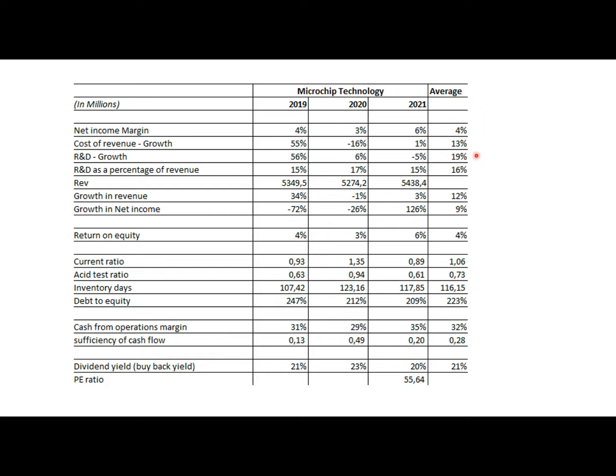All right, now good cost control. You're trying to eliminate the effect of COVID as well as trying to make your product as cheap as possible, to basically stave off competition. Now R&D as well has decreased at a downward rate, same as cost of revenue growth, for the same reasons.